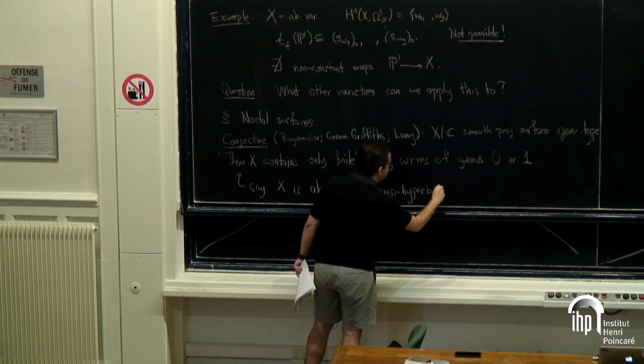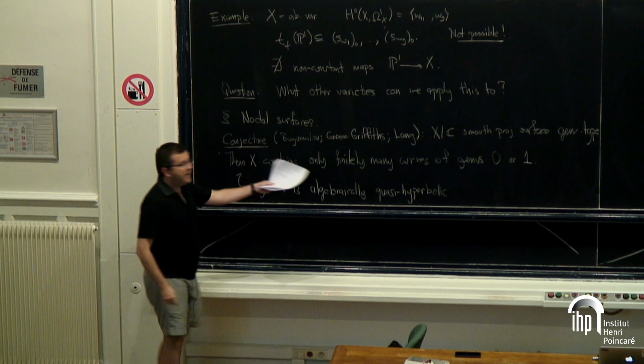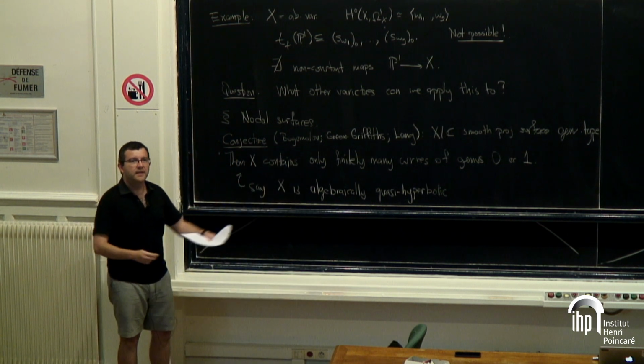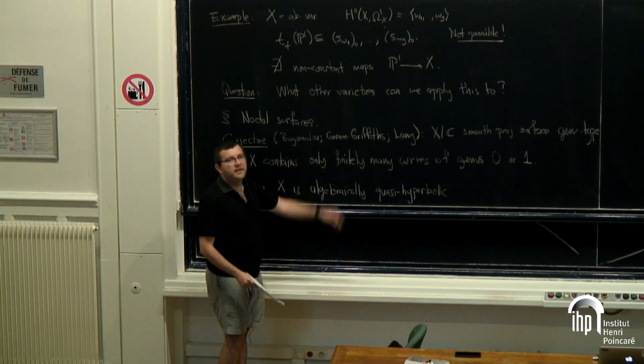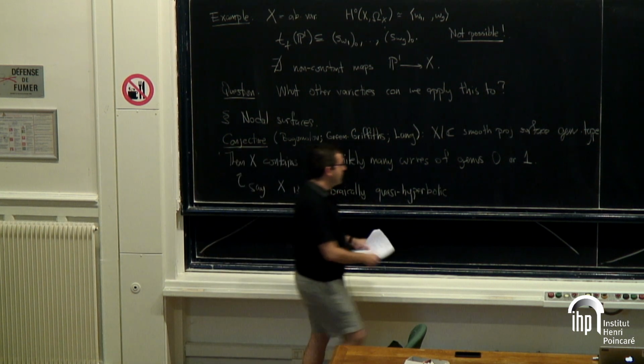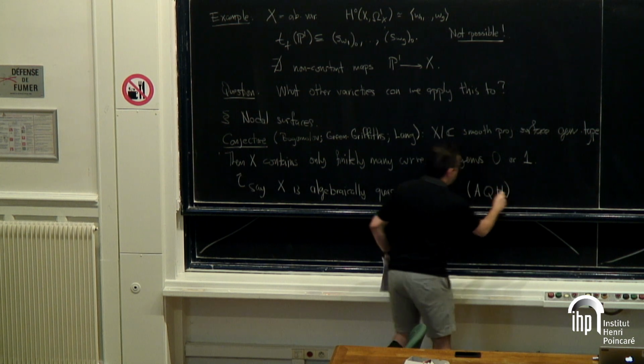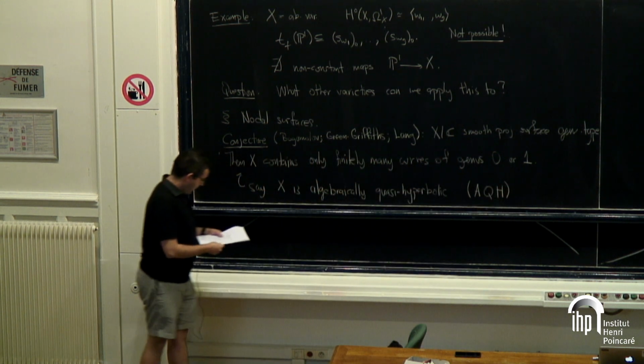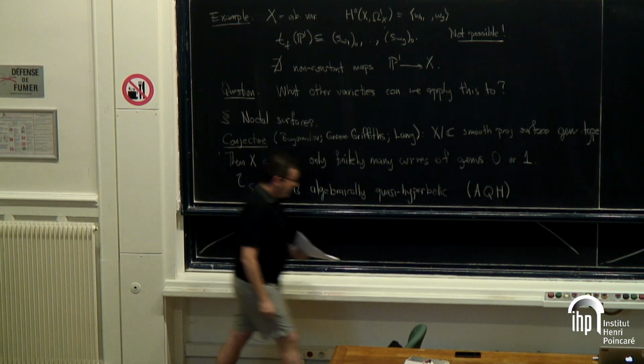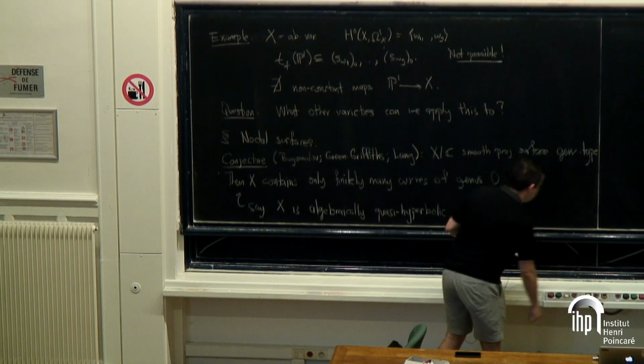And the quasi is coming from the fact that you're saying finitely many as opposed to none. Okay, so if you want to say none, then you would call it algebraically hyperbolic. And so I'll abbreviate this by AQH. I won't use the abbreviation very much, but I thought I should put it there.